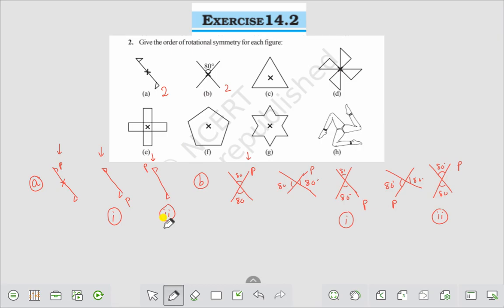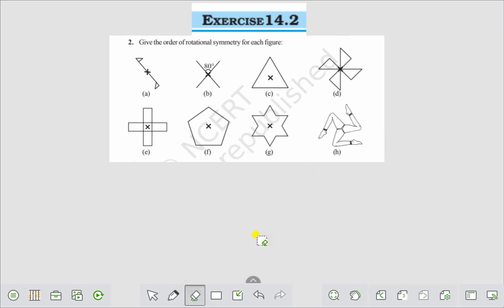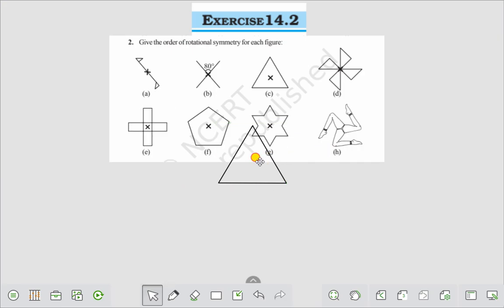Now we solve question number C. Question number C, you see here, is question number C. Now question number C is a triangle. Let us take a triangle.